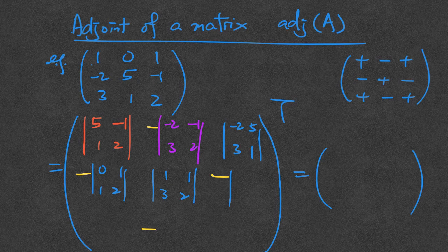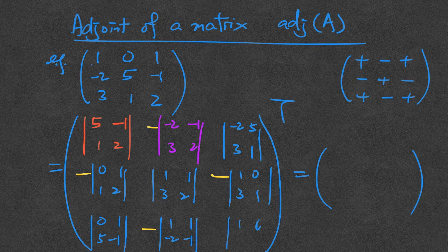So you understand why I at first put the negative signs first in yellow, because it's very, very easy to make a mistake. Okay, so basically it will be like this.